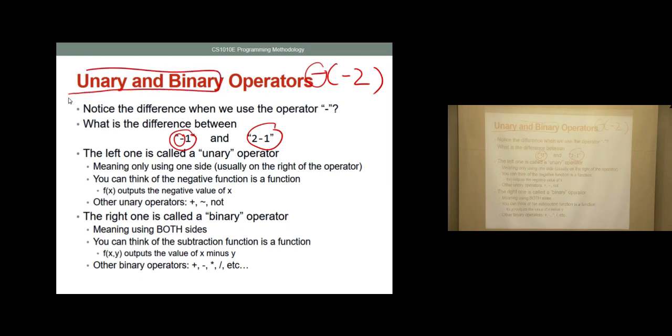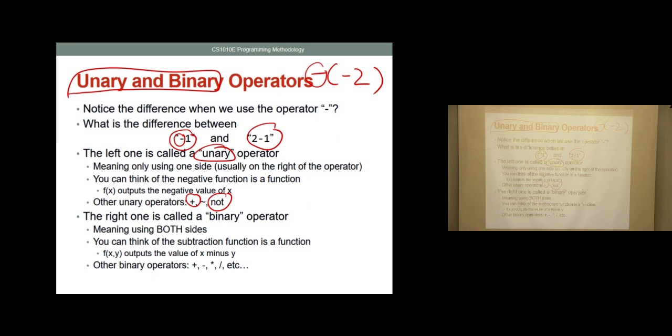That's why these two operators have two different properties. One is called unary. Unary means I only need one partner, one number on my right. For example, negative, the positive sign, and later, if you think about it, not is also an operator. Not true becomes false. So you only need one value, and you don't need the left and right side.